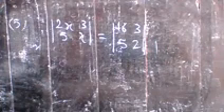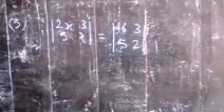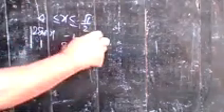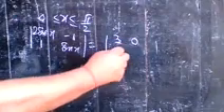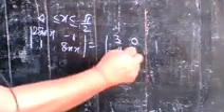Write it. If x belongs to R, that means real numbers, and x is greater or equal to 0, less or equal to pi by 2, and the determinant of 2 sine x, 1, minus 1, sine x is equal to the determinant of 3, 0, minus 4, sine x.